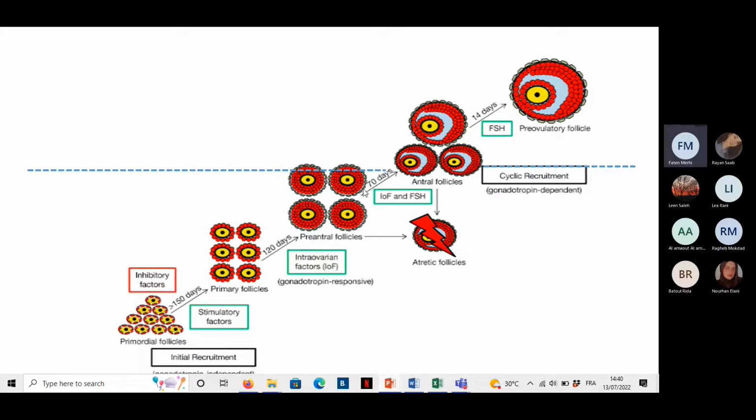Okay, so this development from the secondary follicles to the antral follicles can be independent from the action of FSH, but it can also occur under the action of FSH.